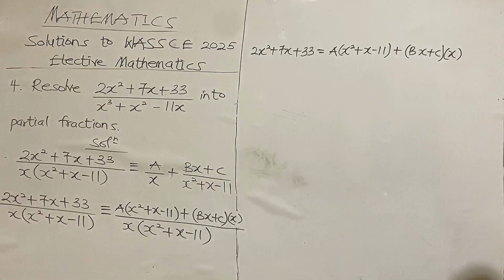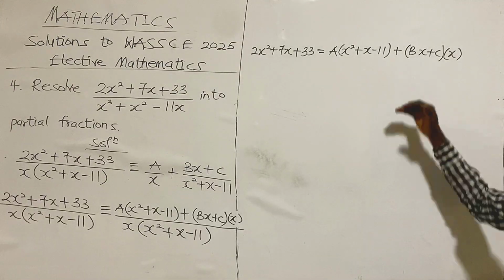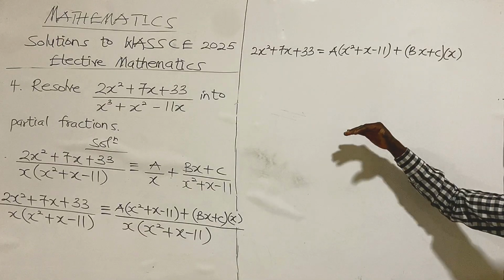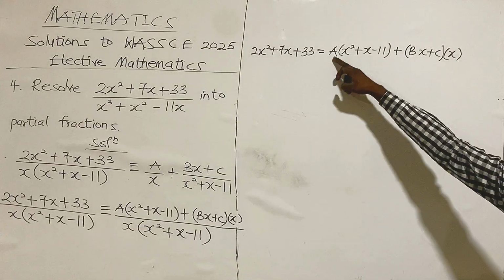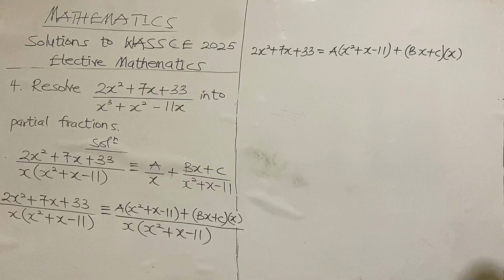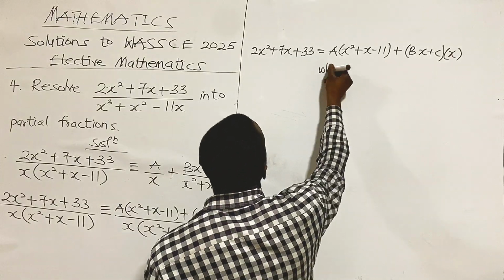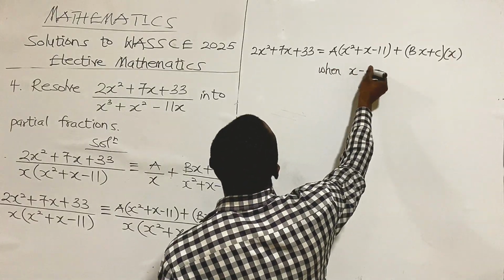All right. So here we are going to find the value of x that can help us to get one of the variables, whether a, b, or c. So the value of x we are going to use is when x is equal to 0.